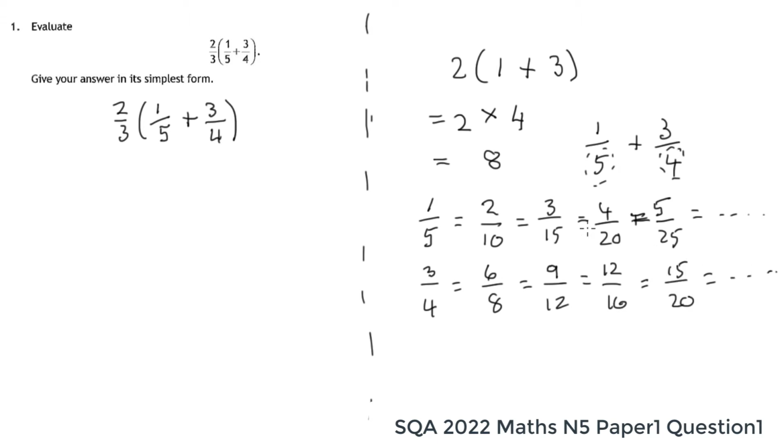And if we look at all these different equivalent ways of writing these fractions, we can see that there's one way for writing a fifth and a way for writing 3/4 that has the same denominator. We're talking now in 20ths, and this one's 4/20, and that's 15/20.